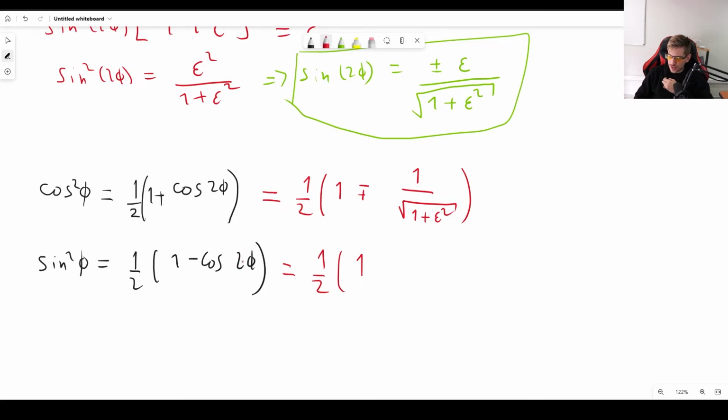And here, cosine of 2 phi, this is the same, but this time the minus plus has a minus in front, so we end up with plus minus 1 over 1 plus epsilon squared.